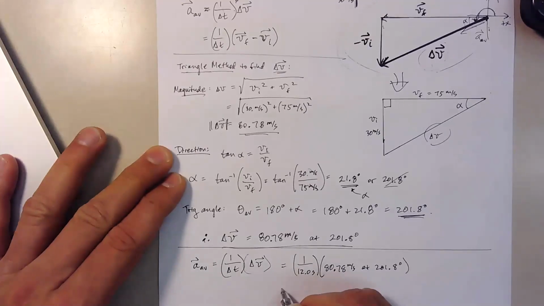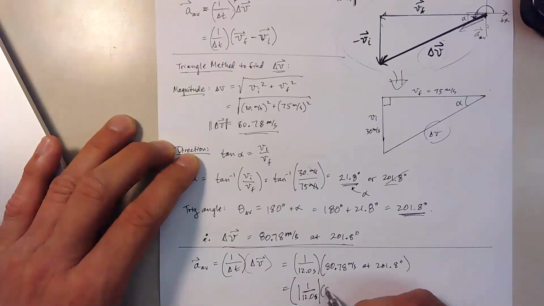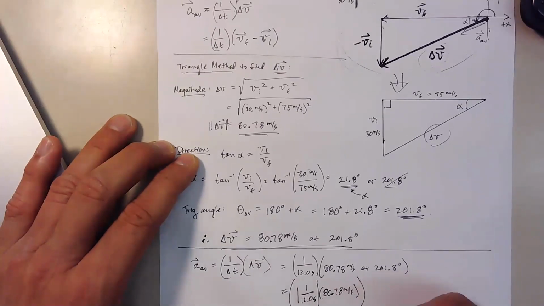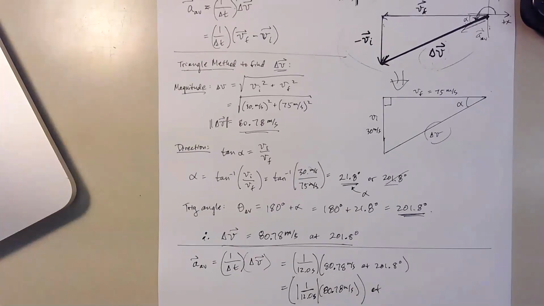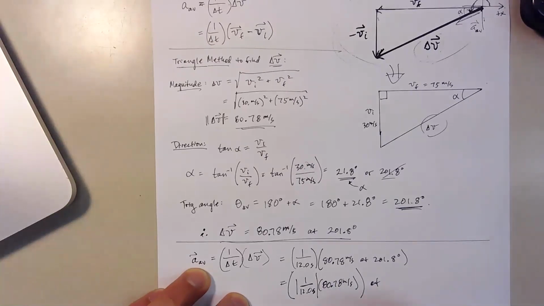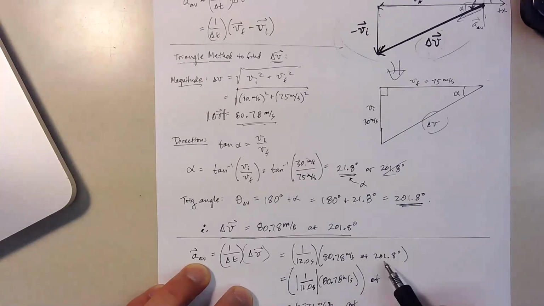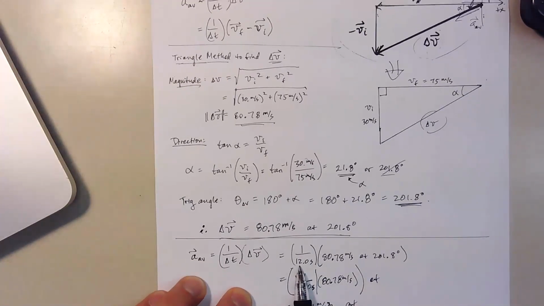The answer's magnitude is going to be the absolute value of the scalar, so the absolute value of 1 over 12 seconds times the magnitude of the original delta v vector. I can calculate that, and the answer I get is 6.731 meters per second divided by seconds. And then what do I do with the direction? I look at the sign of the scalar I'm multiplying by.